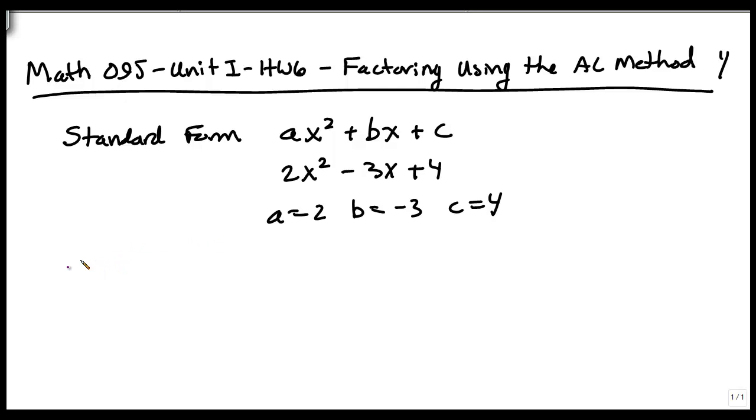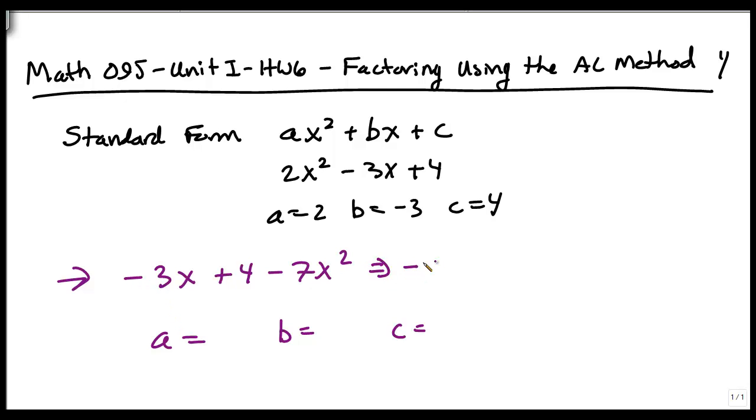So let's go ahead and look at a quick example, if we can identify the letters a, b, and c. Let's say negative 3x plus 4 minus 7x squared. So the question is here, can you identify a, b, and c? Well, you might think a is negative 3 because it's first, but remember, we have to rewrite these in descending powers of the exponent.